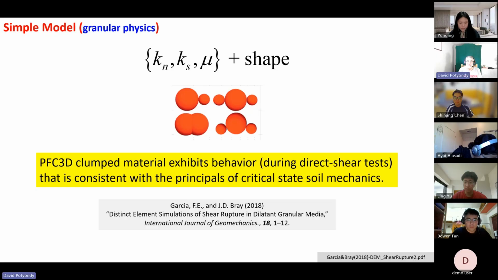And what they did here, they didn't even do the proper shapes. They just used clumps to get a more interlocked system. So they used 4 shapes right here. These are clumps, so these never change shape and never break off. And then they gave the real size distribution for a Fontainebleau dry sand. And then they did all sorts of different direct shear tests, and they make this conclusion.